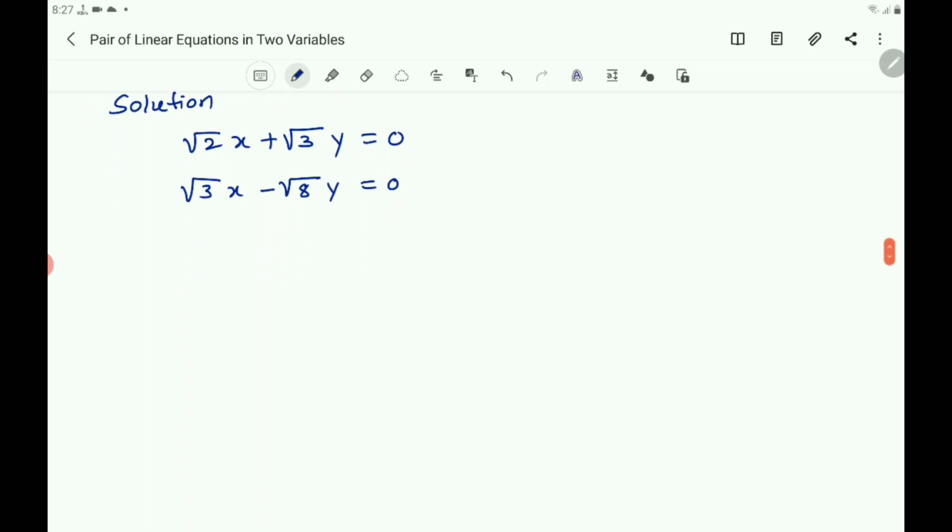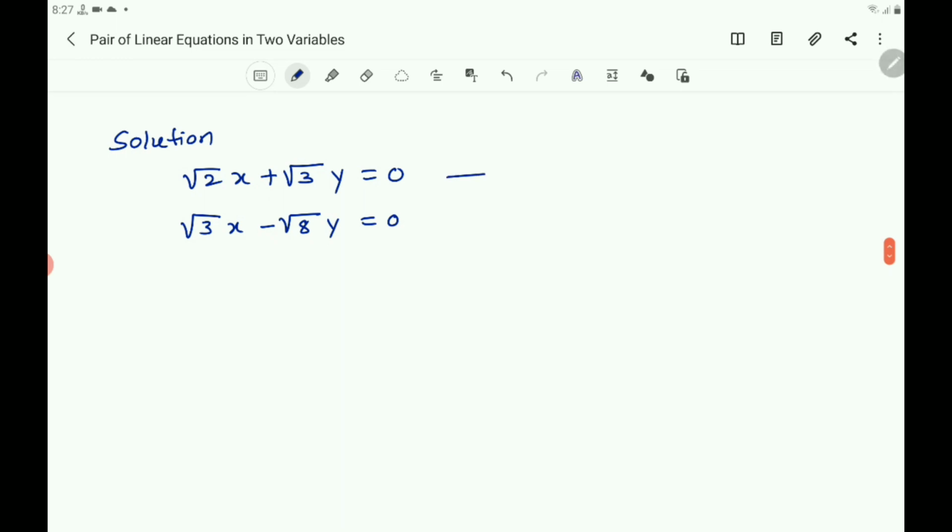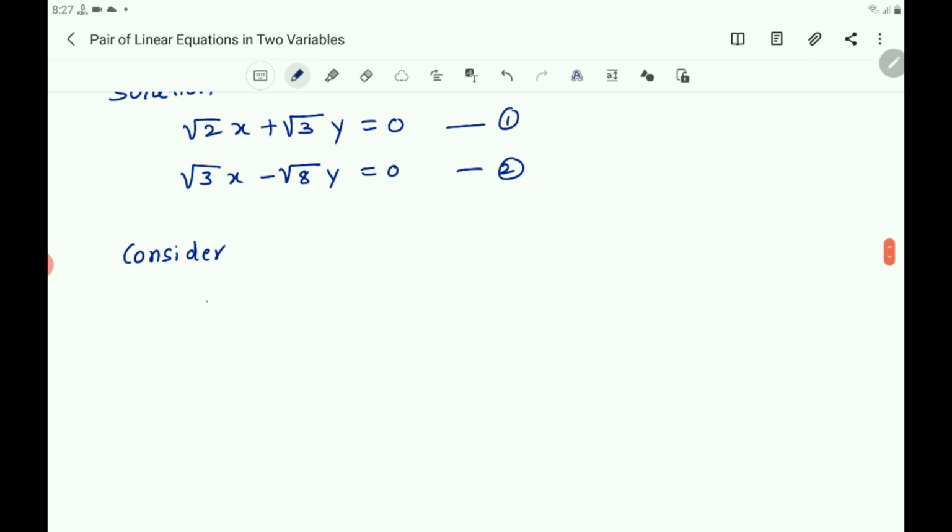Now you take any one of the equations. You consider this is the first equation, this is the second equation. Consider root 2x plus root 3y equals 0.